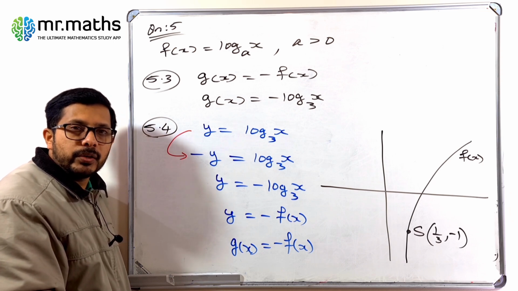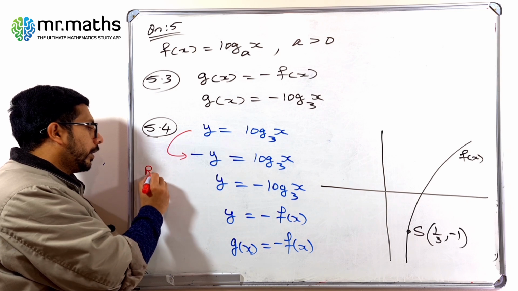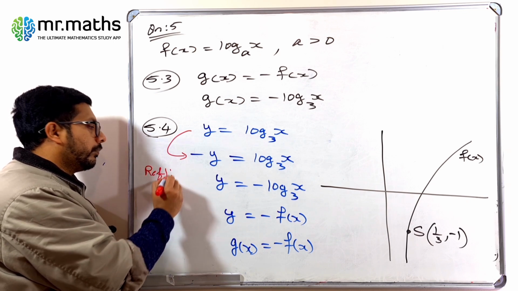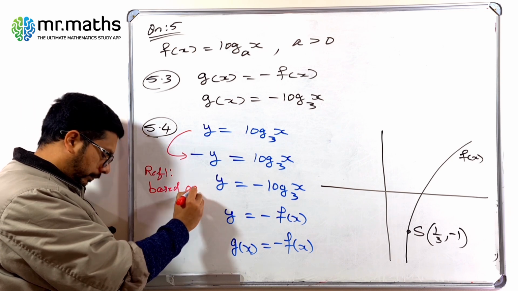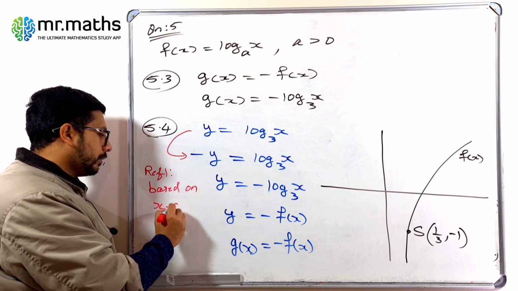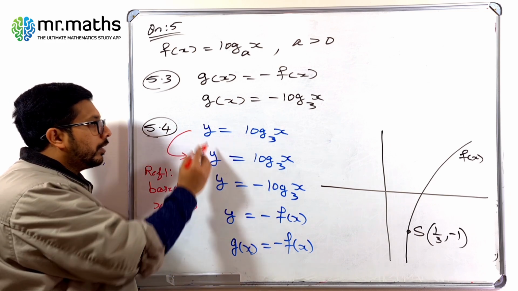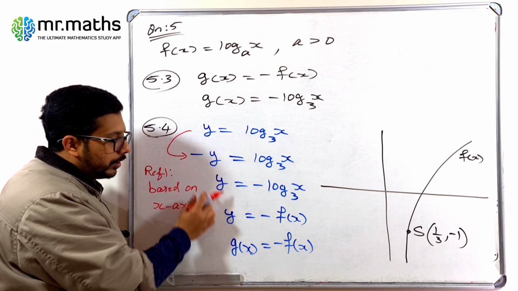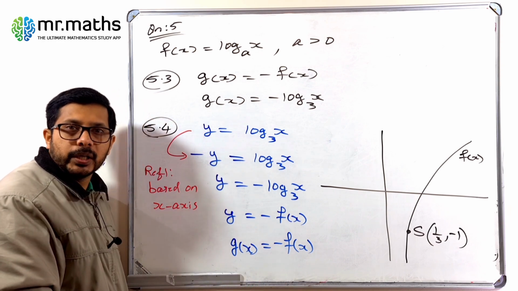That is the reflection based on the x axis. After we change the sign of y and arrange that, we got the equation g of x is equal to minus f of x.